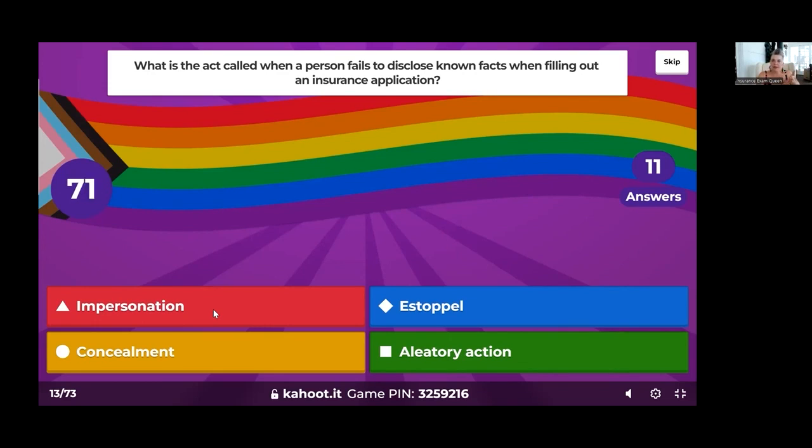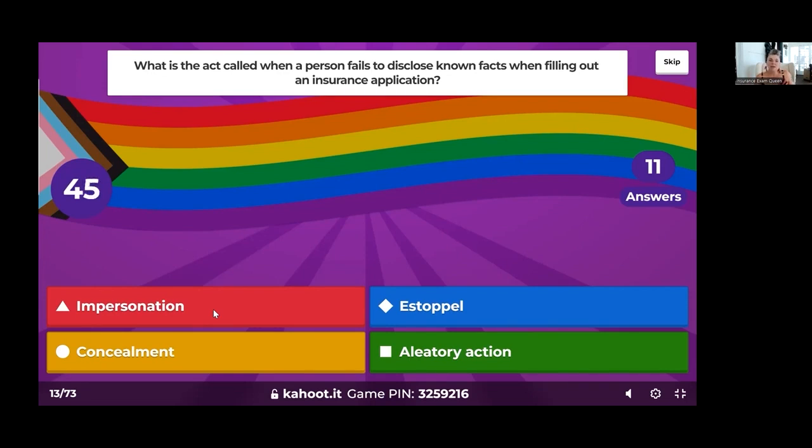Let's say that you leave one of the questions blank. Now, that's different than concealing. Concealing would be hiding it. You would still write an answer, but a wrong answer. Estoppel would be like, I'm leaving it completely blank. If the insurance company takes that application and issues the policy, they have waived their right to know that answer.